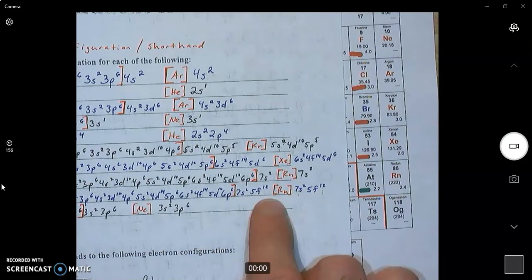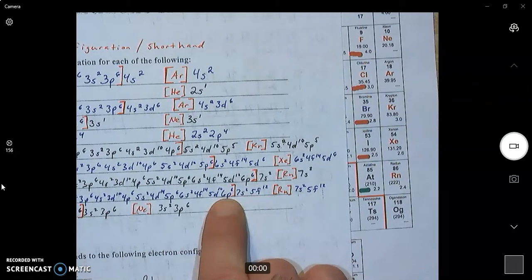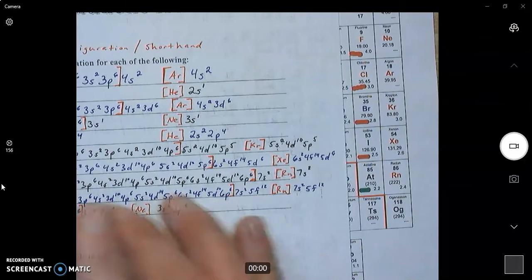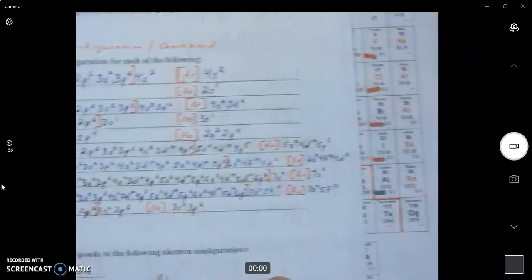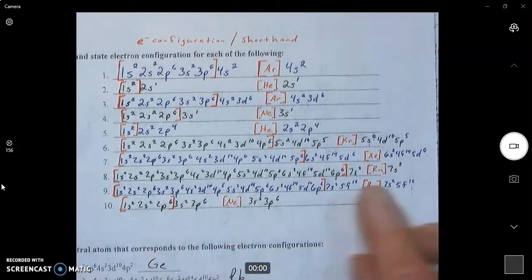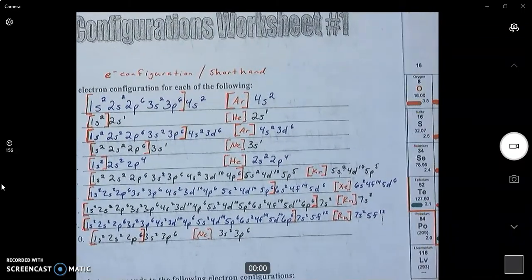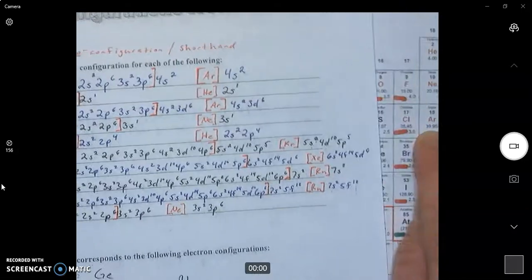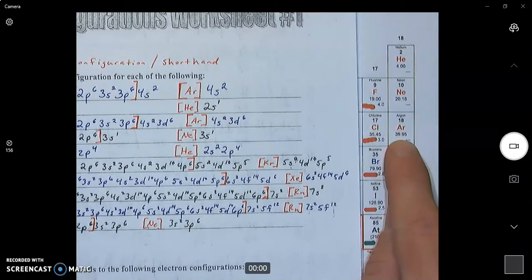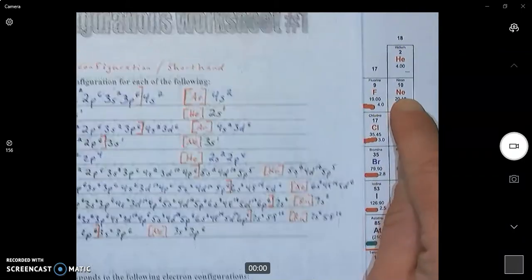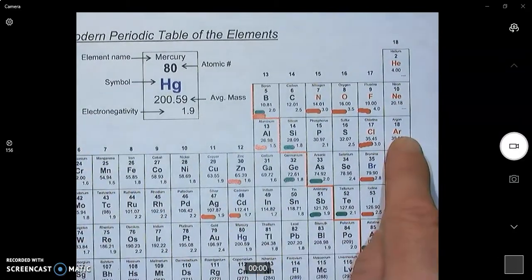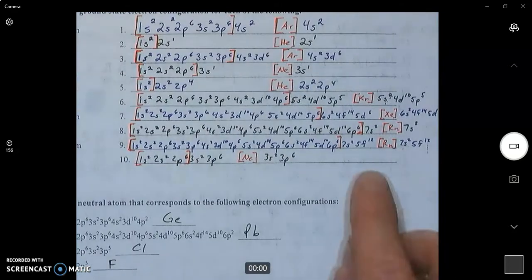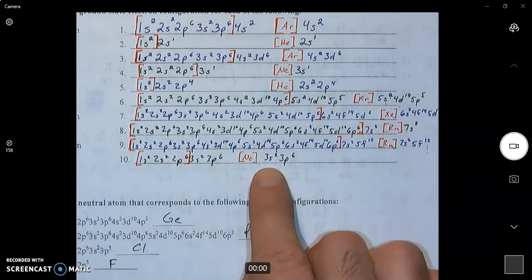Write out your configuration, go backwards until you hit p6, and then anything beyond that you want to keep on the other side of your brackets. And then argon. Argon is a noble gas, but you can't just put it in brackets by itself. You got to go to the end of the previous row, which would be neon, 3s2, 3p6.